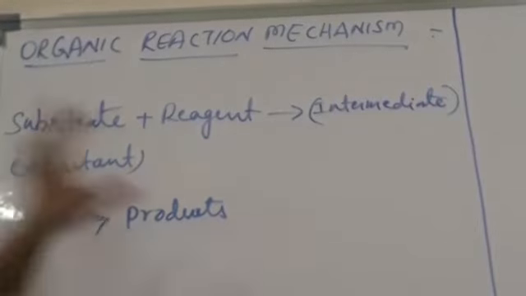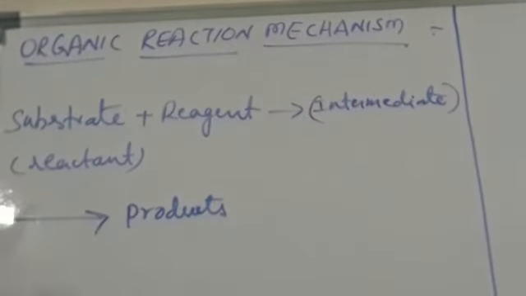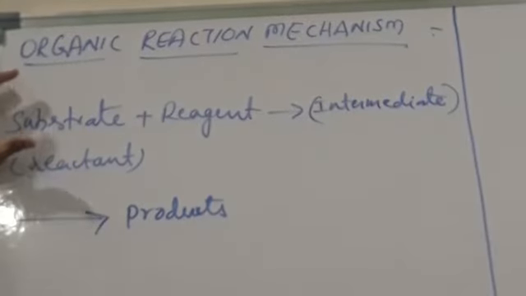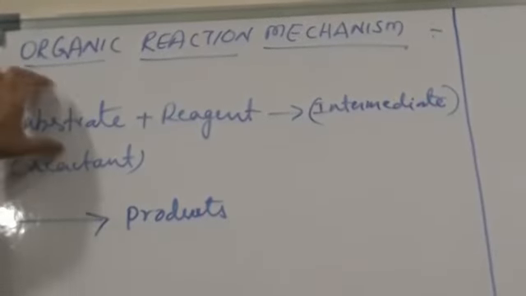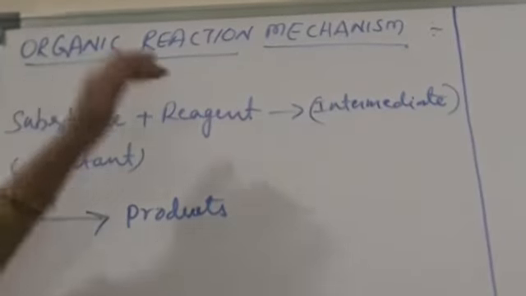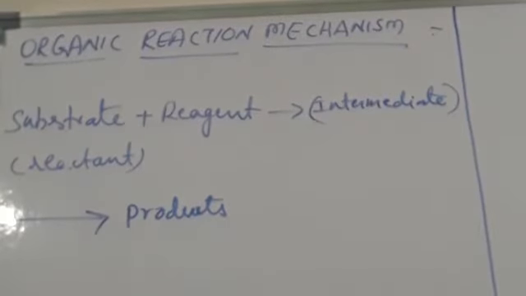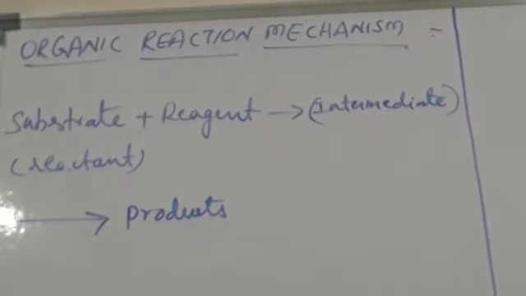The substrate converts into products through the formation of an intermediate. First, fission, the cleavage of bonds, takes place in the substrate, and we finally get products with new bond formation. So older bond cleavage is called fission.